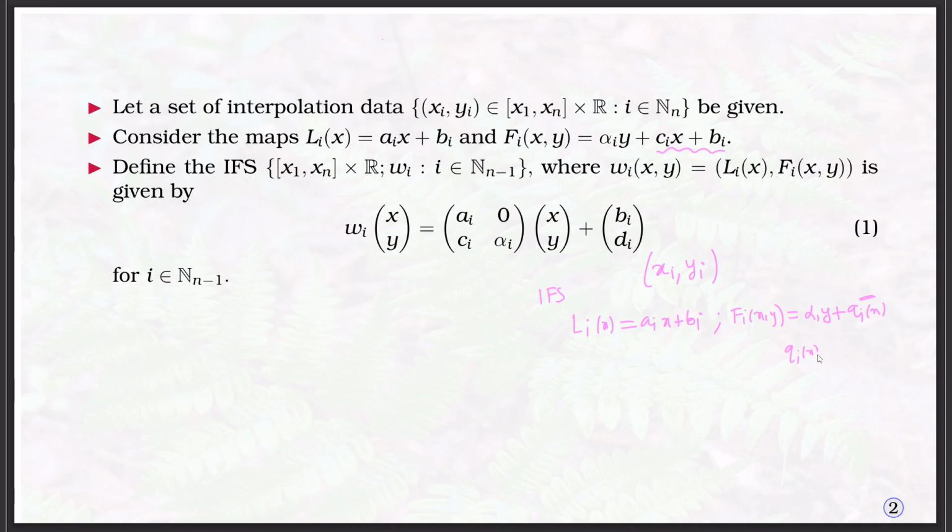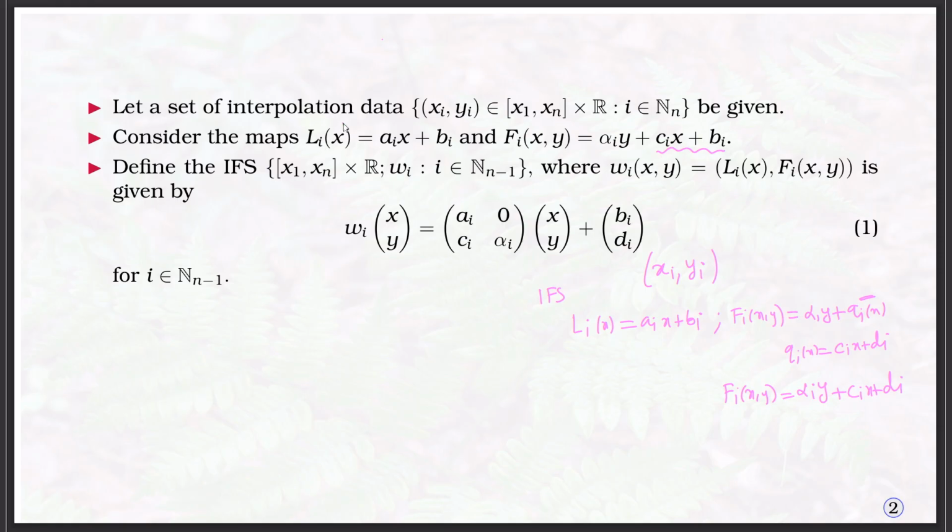Qi of x we are going to take ci x plus di. That means we are going to take qi as an affine mapping. That means the linear case we are going to discuss. So, fi of x comma y equals alpha i y plus ci x plus di.